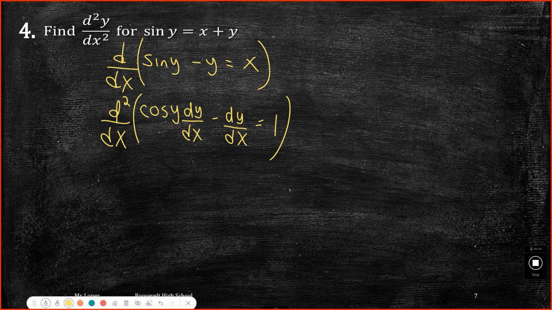Let's see, what would this be? The second derivative? What's the derivative of cosine? Is that a negative sign?